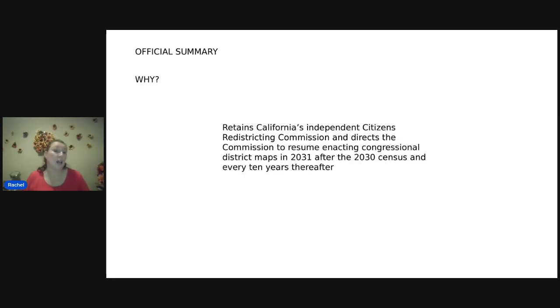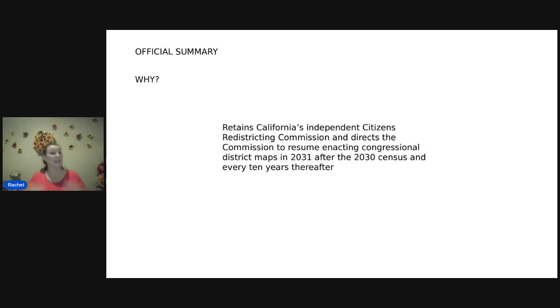It retains California's Independent Citizens Redistricting Commission and directs the commission to resume enacting congressional district maps in 2031 after the 2030 census and every 10 years thereafter.